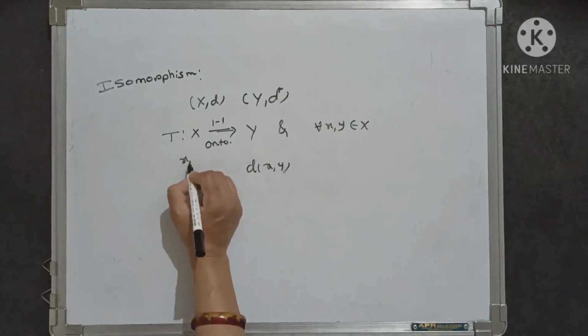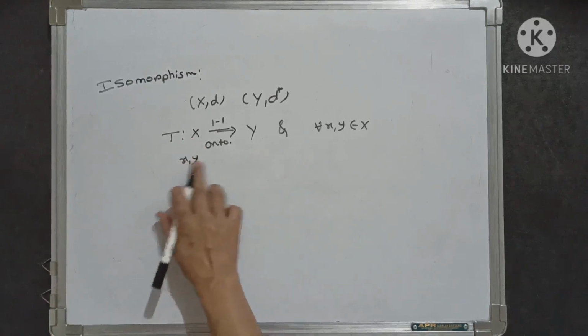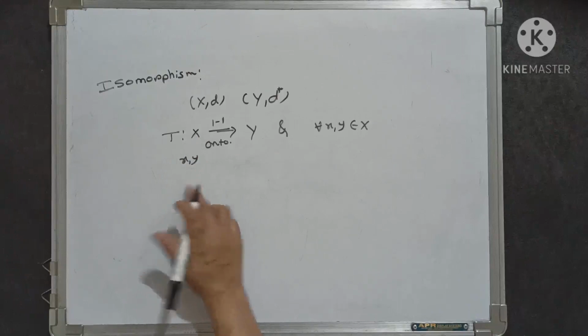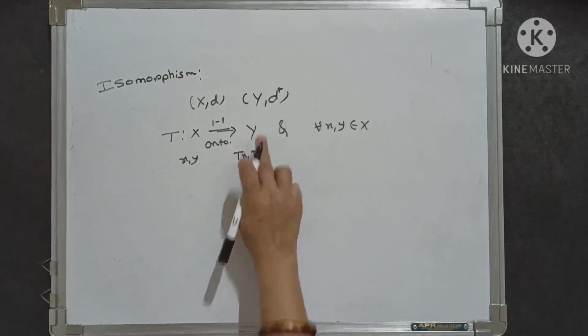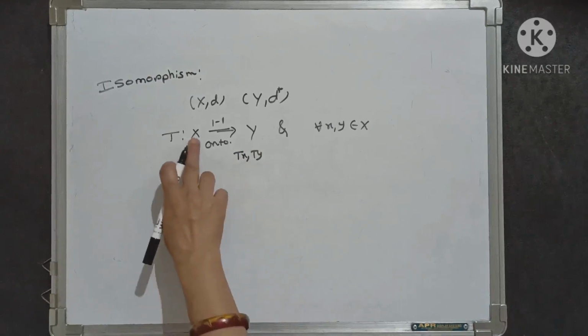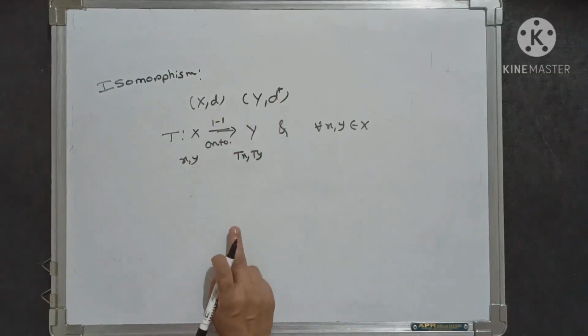Because x and y both are elements of capital X, therefore their images Tx and Ty are elements of capital Y. On X we have the metric d, on Y we have the metric d*.